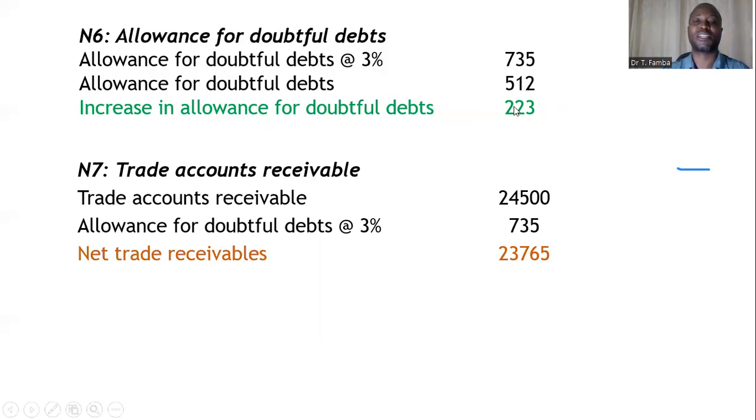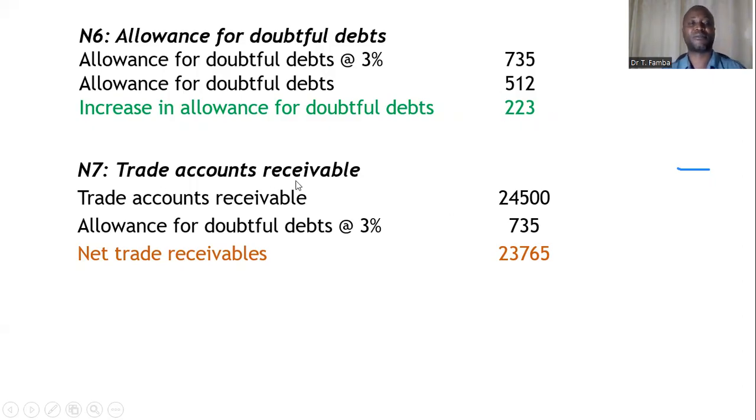So that's the prudence concept, because if we understate the provision, it means that we are assuming that we are going to collect more of our debt. But in this case, by increasing the provision, we are assuming that we are not going to be able to collect as much as we thought. So this becomes an expense.